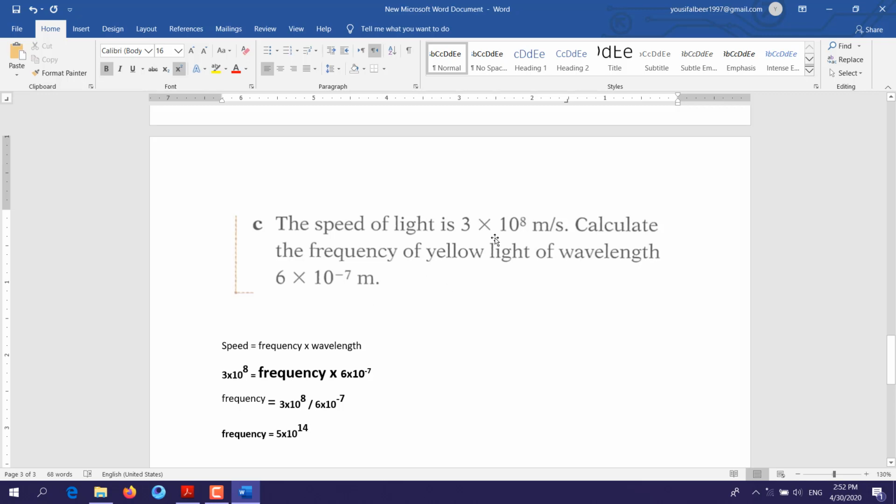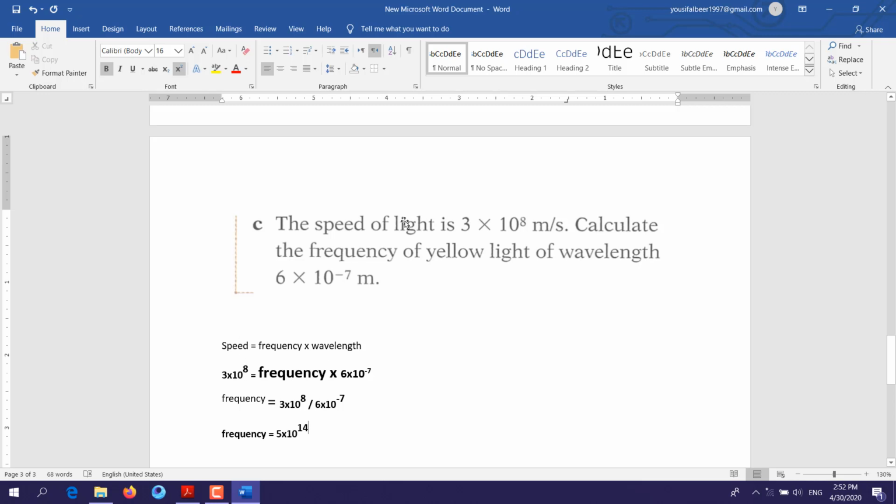Okay, here what do we have? The information that we have is the speed of light and the wavelength. How can we find the frequency? We have a formula from the last unit. The formula is speed equals frequency times wavelength.